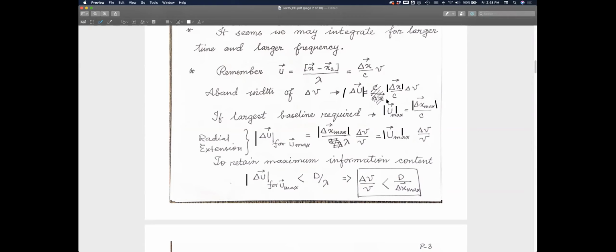So if I have something radially elongated in u, I will get that radially elongated in the Fourier domain also. So in the image, the point sources which are far from the center will have more radial elongation. Near the center they have less radial elongation.